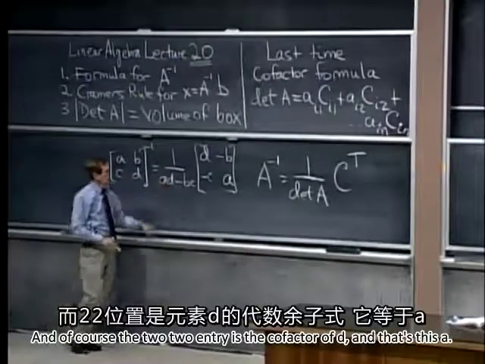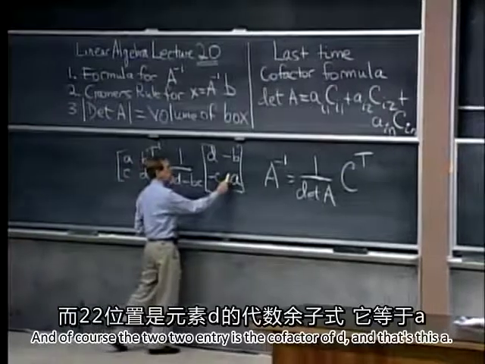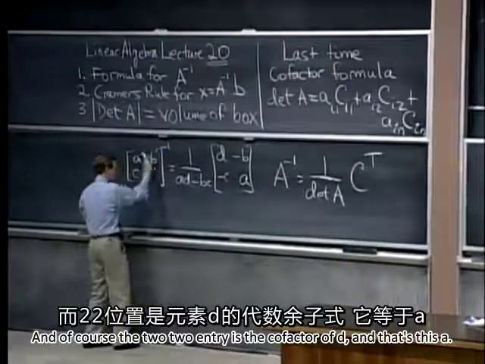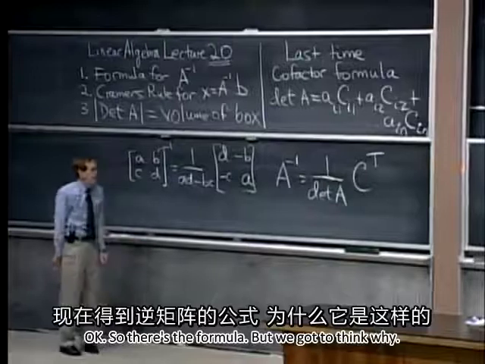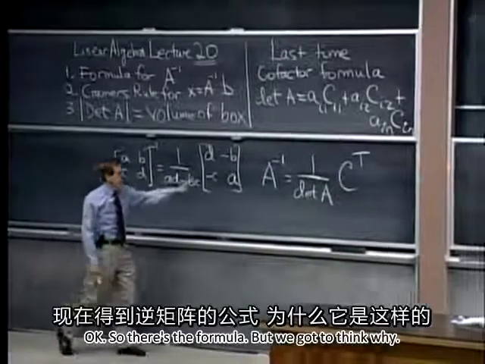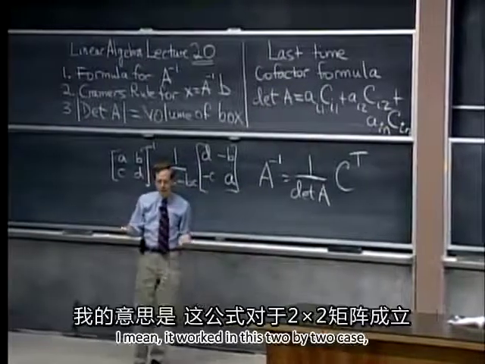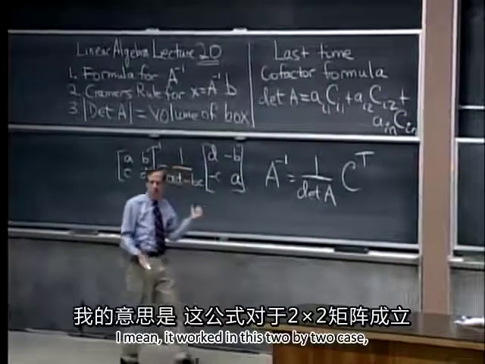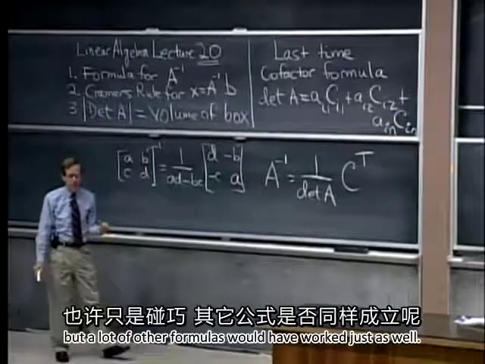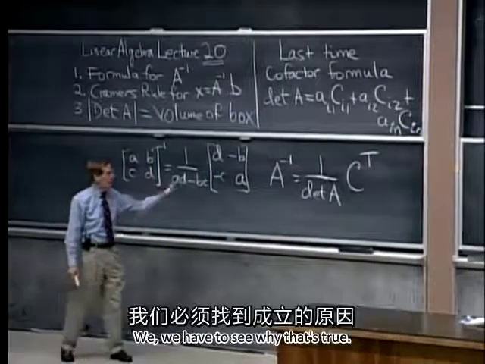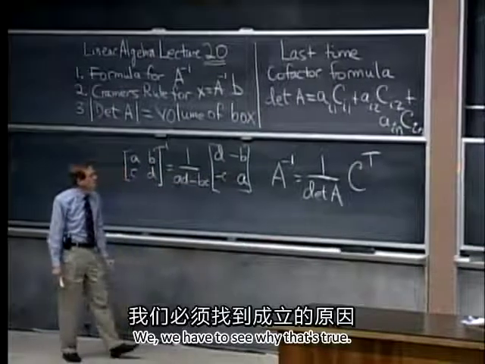And, of course, the 2, 2 entry is the cofactor of D, and that's this A. Okay. So there's the formula. But we've got to think why. I mean, it worked in this 2 by 2 case, but a lot of other formulas would have worked just as well. We have to see why that's true.